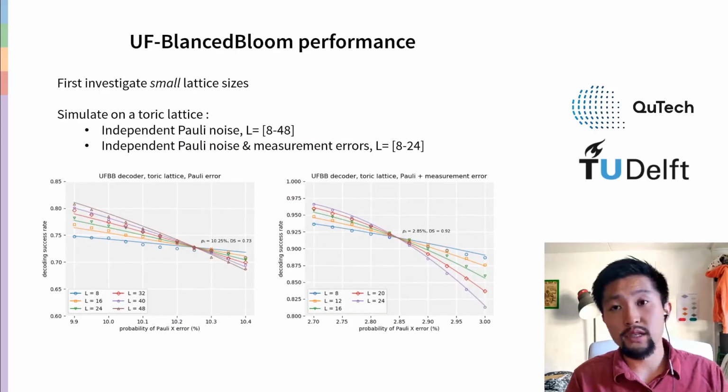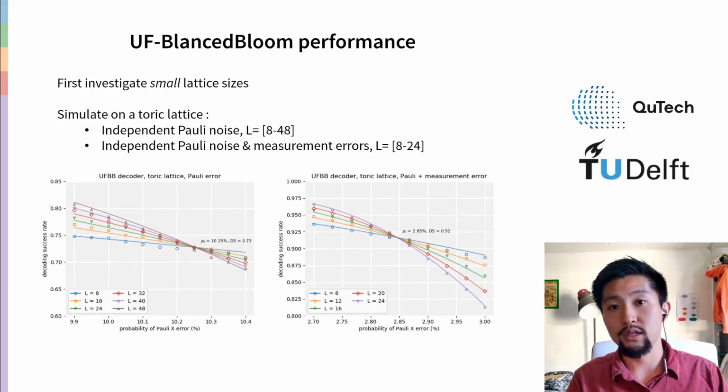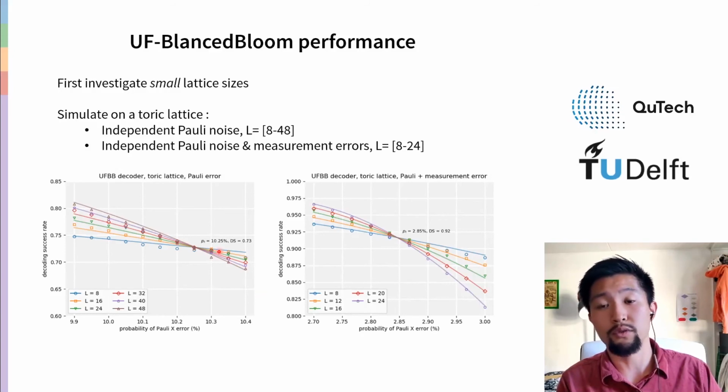Now let's investigate the performance of the unified balanced Bloom decoder for small lattice sizes. When we simulate on a toric lattice for independent Pauli noise for lattice sizes 8 to 48, we get that the unified decoder performs very well with a threshold value of 10.25%.